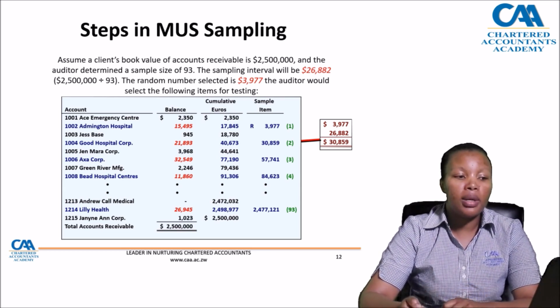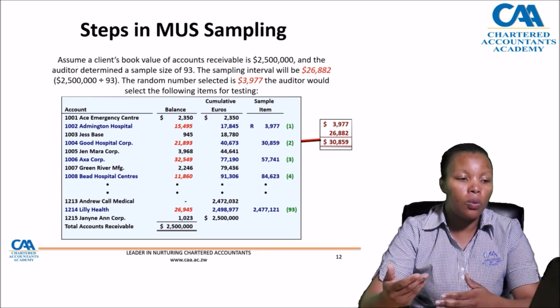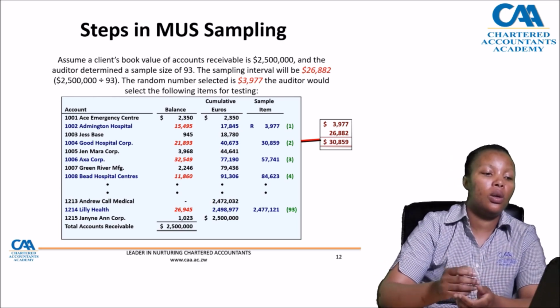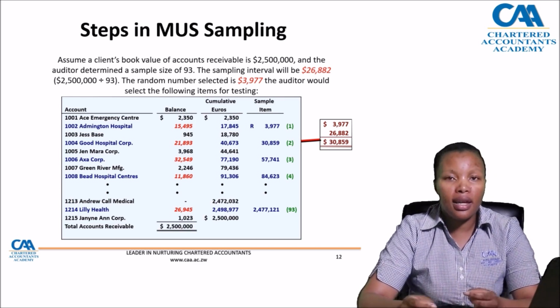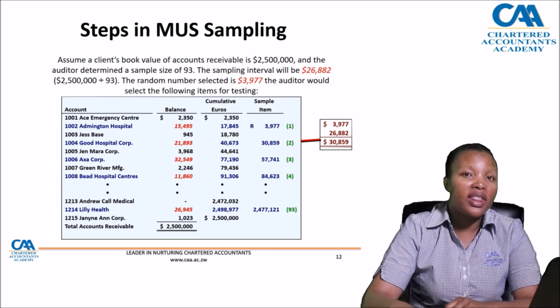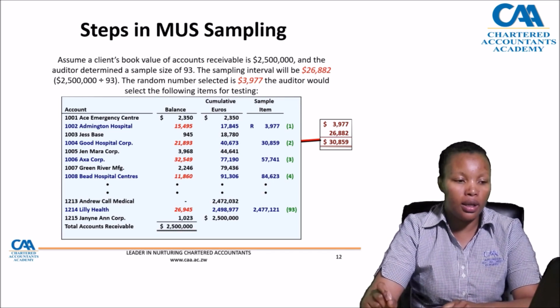The first number can be picked randomly. So the auditor would have picked randomly, remembering that the unit is a dollar, and we're going to look for that dollar, the $3,977.